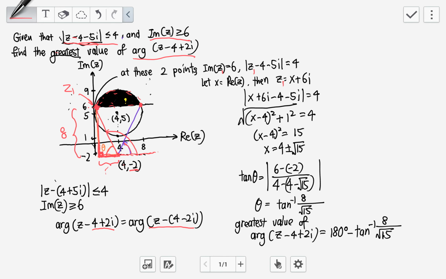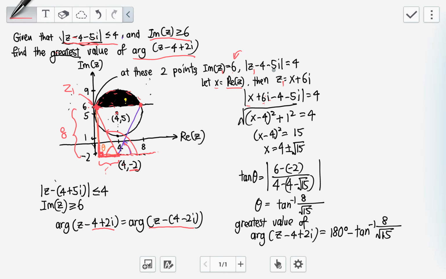That means its distance to the point (4, 5) is exactly 4. So we have this clue. Then z1 can be expressed as, let x be the real part, so z can be expressed as x plus yi. In this case our y would be 6, so x plus 6i, because we want to find the x coordinate of this z1.